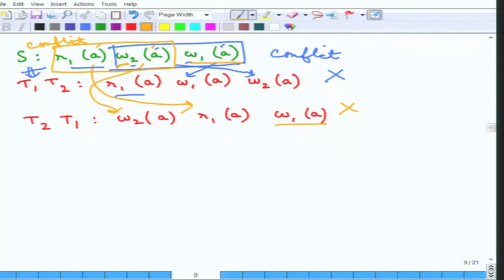So S is neither equivalent to T1 T2 nor to T2 T1. That means it is not conflict serializable. So S will not preserve the database consistency in the sense of conflict serializability. So S is not conflict serializable. That's the concept of conflict serializability.